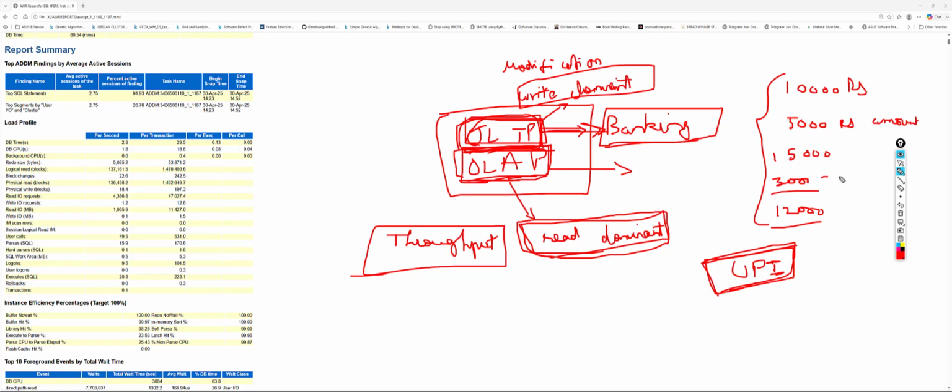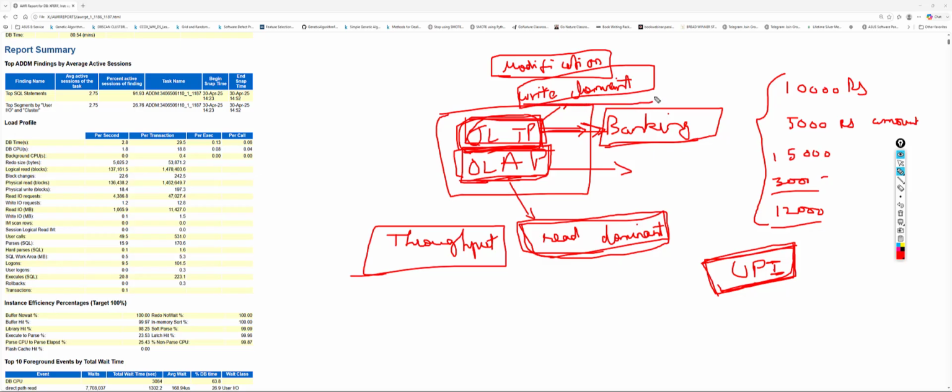Even a single person today, it's unavoidable, it's inevitable. We have to do at least 10 to 20 transactions per day if we go out and purchase something, or travel somewhere, or have some food outside. So every transaction happens online, and obviously a lot of modifications would be happening in transactional processing.